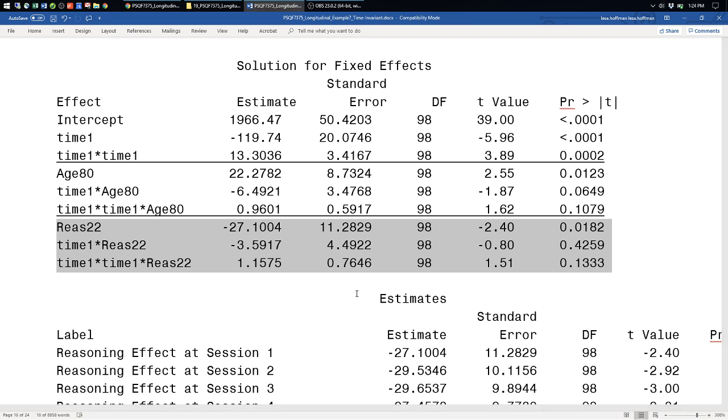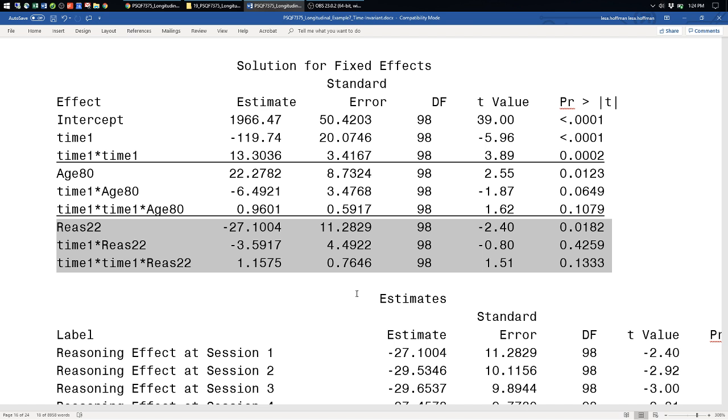What happens to it over time? Initially, this is a more negative, a stronger effect. However, what happens to the more negative as time goes on? Yeah, less more negative.